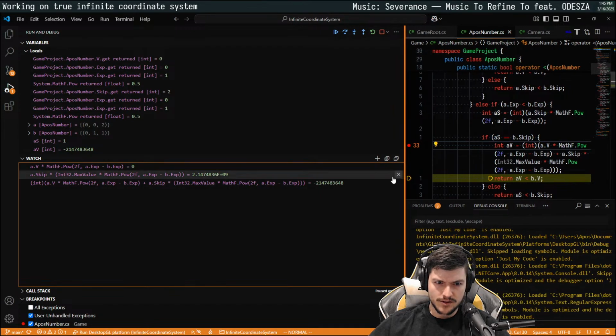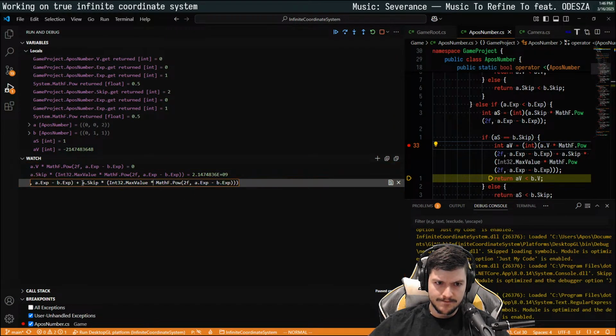Did I overflow for real? I hate this interface for the watch.